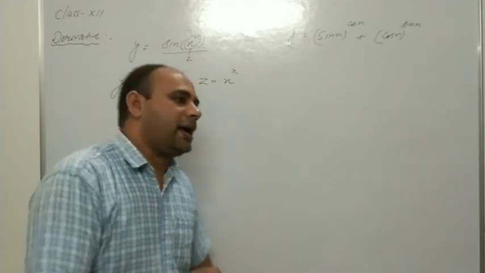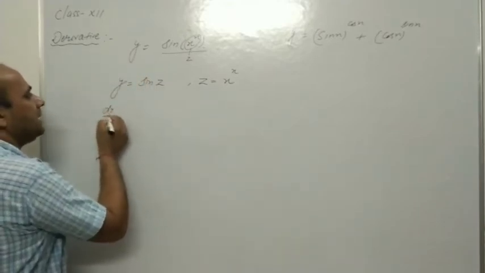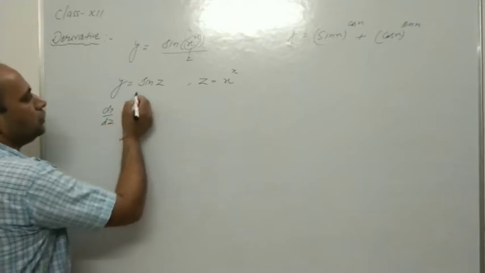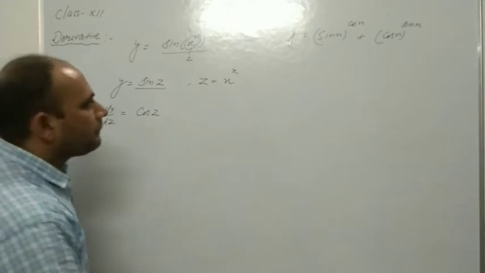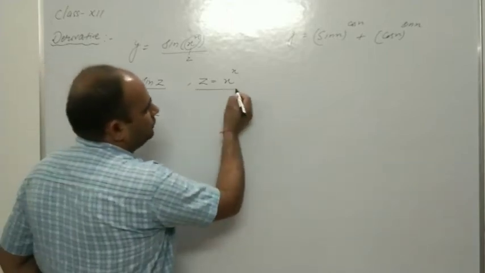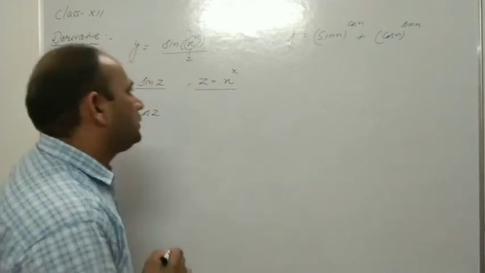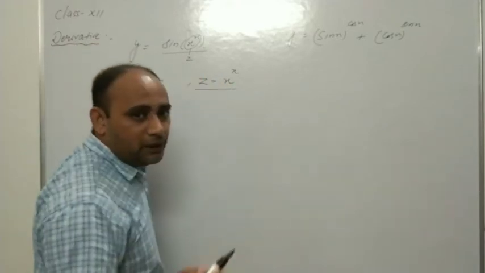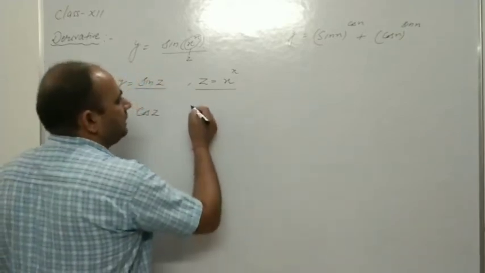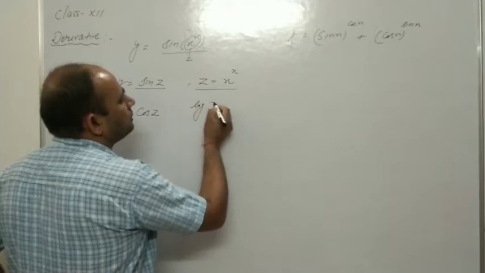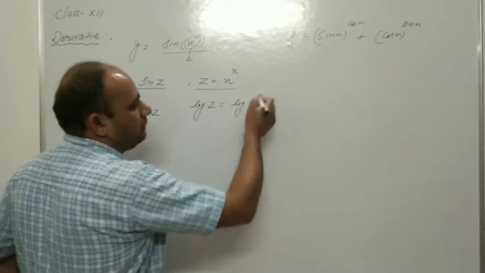If y is sin z, then dy by dz is, you know, the derivative of sin z, which is cos z. But z is equal to x raised to power x, so it is of the form f(x) raised to the power g(x). So we will apply log on both sides, meaning log z equals log of x raised to the power x.